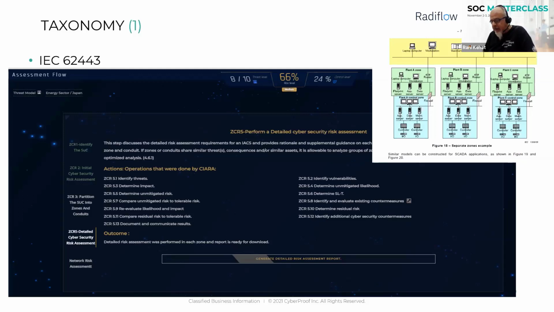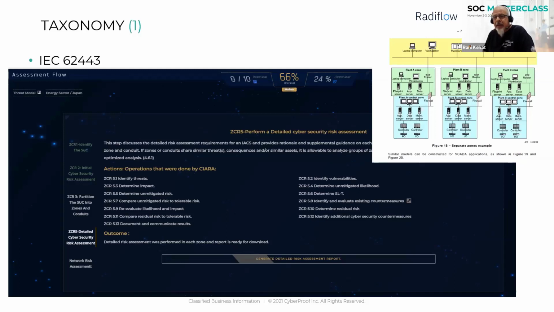Very simply, take the crown jewels and put them in a box and define them as a system under consideration. And that system, you would give it a security assurance level. What is the security assurance that you wish to have against cyber attacks in this box? And divide your production areas into these different boxes, and to each one of them assign a security assurance level.